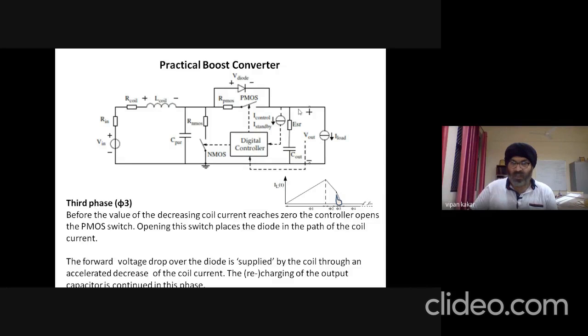From the starting of phase 3, the PMOS switched off, and the diode takes over, and whatever energy remained inside this inductor is now transferred through this diode to the output till the coil current reaches 0 from this point to this point.